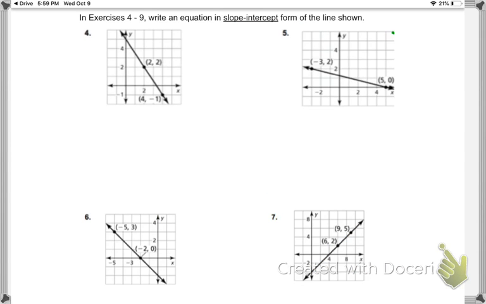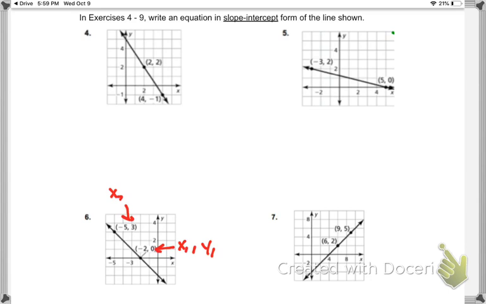Now let's move on to number 6. So I have negative 5, 3 and negative 2, 0. So for this one, I'm actually going to take the 2 points and plug it into our slope equation and find it algebraically. So this will be x1, y1.